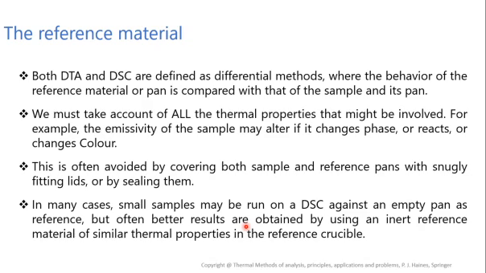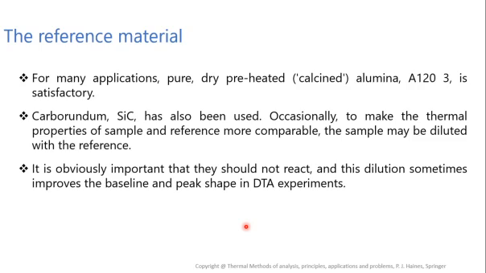In many cases, small samples may be run on the DSC against an empty pan as a reference, but often better results are obtained by using an inert reference material of similar thermal properties in the reference crucible. For many applications, pure, dry, preheated alpha alumina, Al2O3, is satisfactory as the reference material.